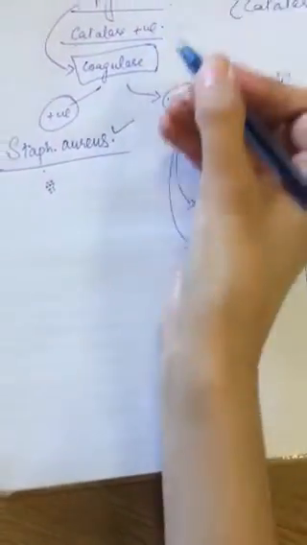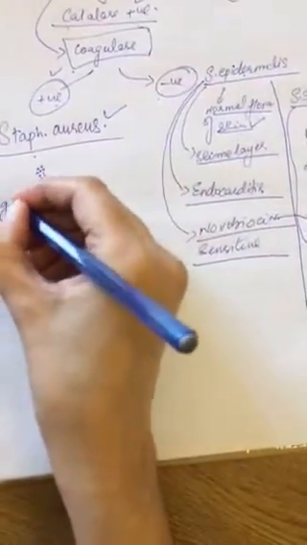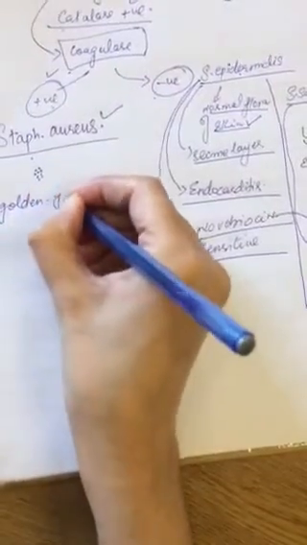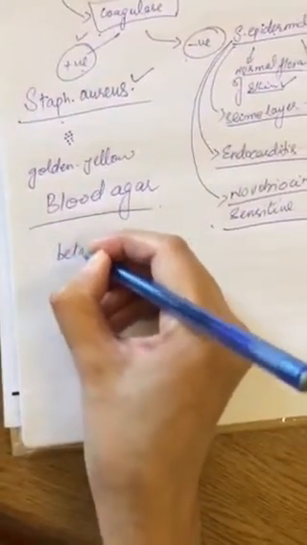The Staph aureus is a gram-positive coccus, catalase positive, coagulase positive, and they all have golden yellow colored colonies on the blood agar, where they also show beta hemolysis.